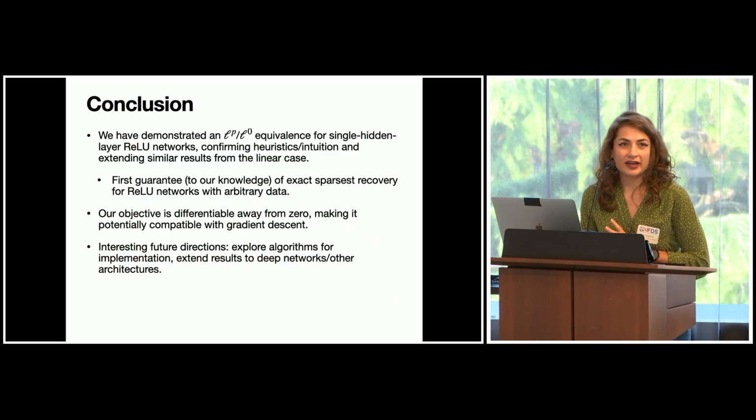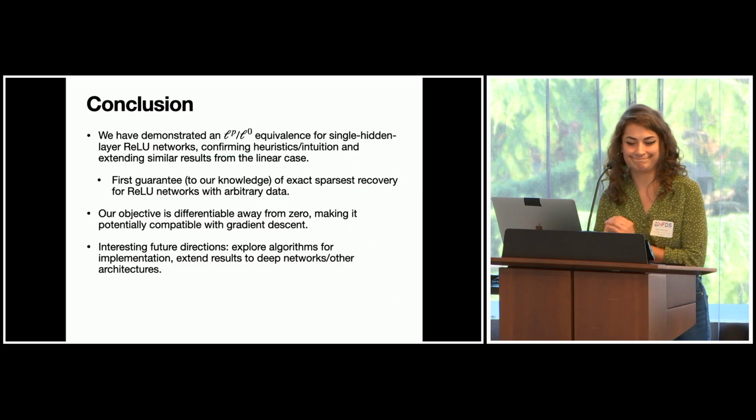And it would be really great if we could extend this to deep networks, to other notions of sparsity, maybe other activation functions. Yes, those would all be interesting directions. And also look at algorithms that implement this in the best performing possible way. Yeah.